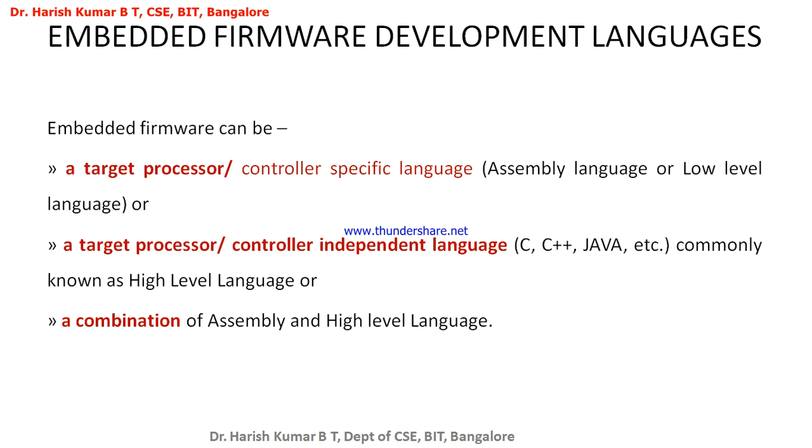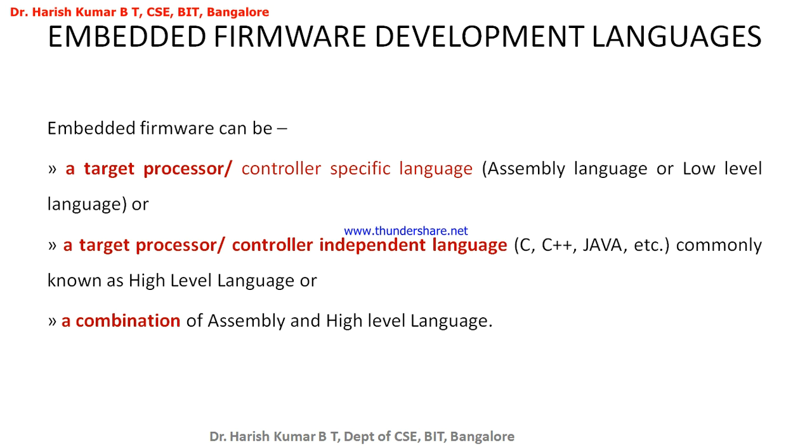For example, if I'm using a high-level language like C for developing the firmware, in between I can also mix in assembly language. Similarly, if I'm coding in assembly language and need to add some complicated functions, I can use C. That is, mixing assembly in a high-level language or mixing a high-level language in assembly. Both are possible. So these are the three different approaches.